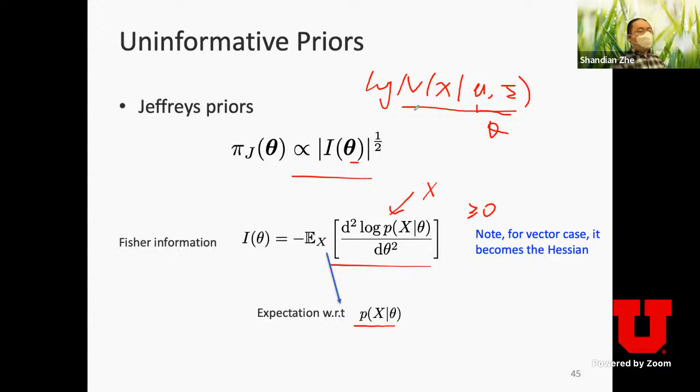Well, because later we will show that if you define it this way, it is invariant to any reparameterization. If you don't take the square root, it doesn't have such a good property. Is that an intuition behind this definition, or just that it is invariant? Just to construct invariance.